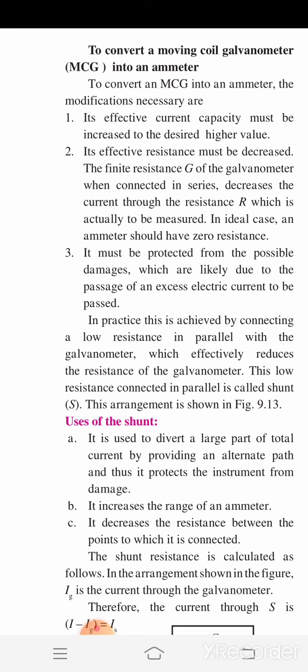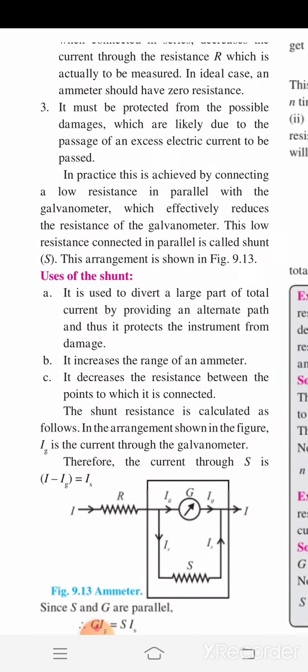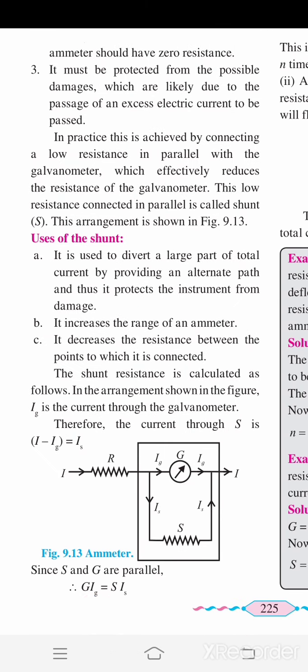Ammeter is a current measuring instrument, and the galvanometer is converted into the ammeter only when we use a low resistance connected in parallel with the galvanometer. This low resistance connected in parallel with the galvanometer is called the shunt. This arrangement of shunt is shown in figure 9.13.